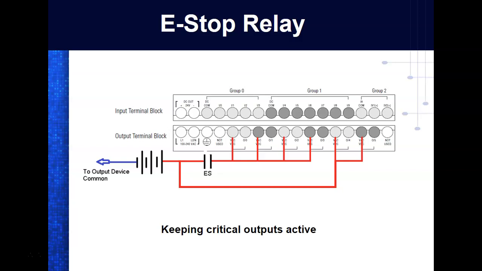But then what we would do is combine this with an MCR. We could use one of our inputs. This one has 10 inputs and 2 commons. So literally, we could set these up to sink, and we could set these up to source.